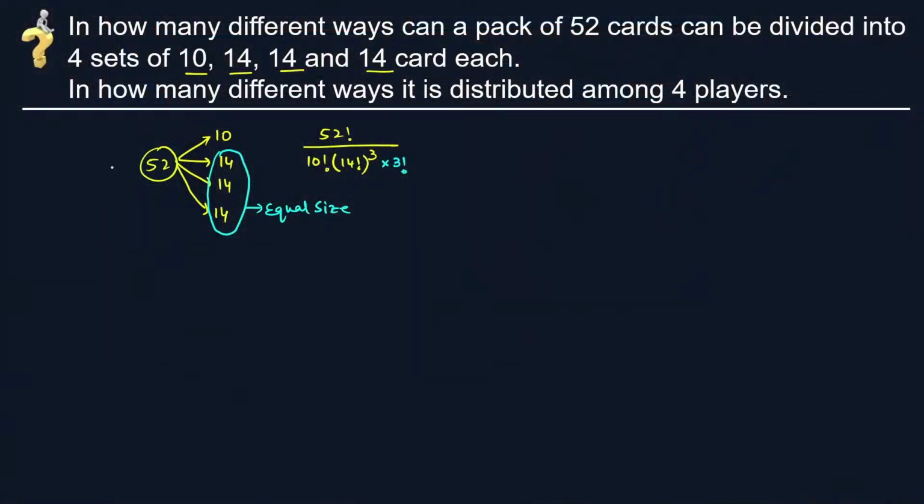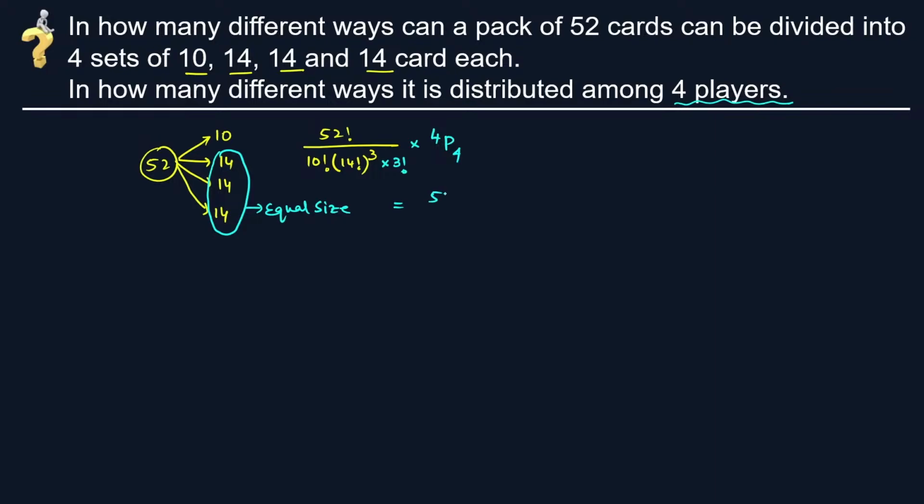Okay. Now what is the second type? The second question. In how many different ways can it be distributed among 4 players? So you have 4 groups and you are distributing them among 4 players. So that can be done in 4P4 different ways.